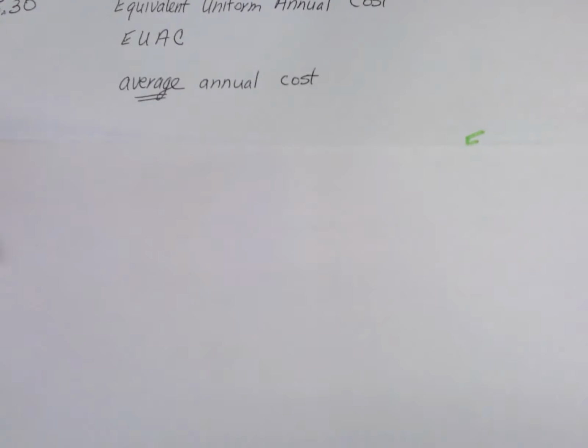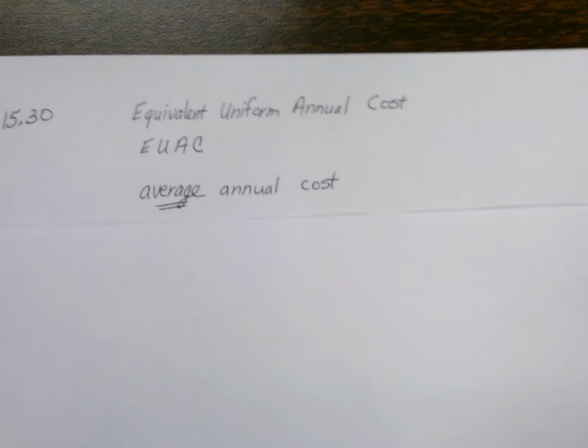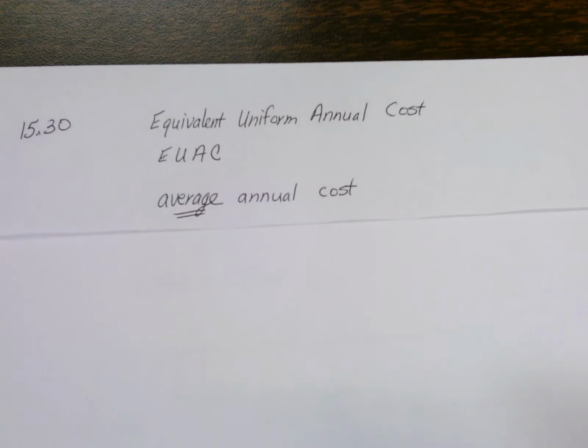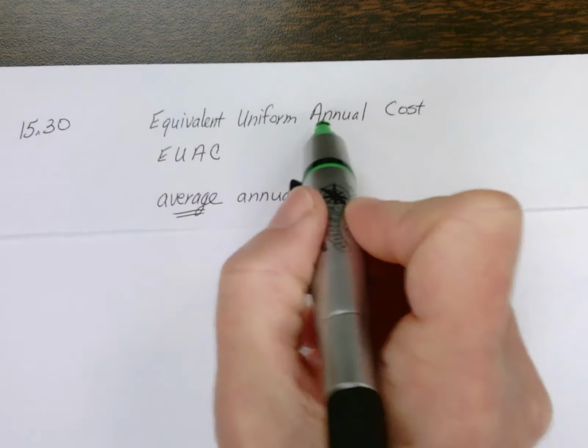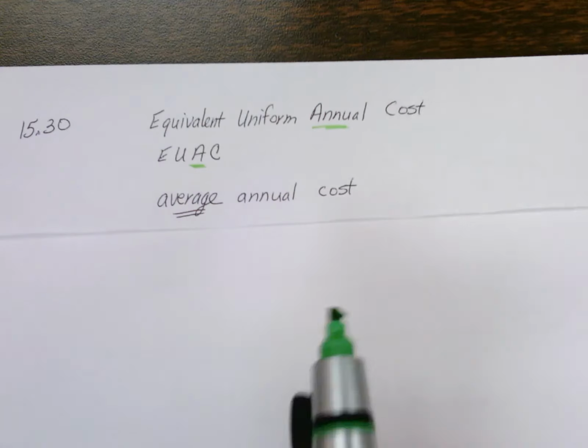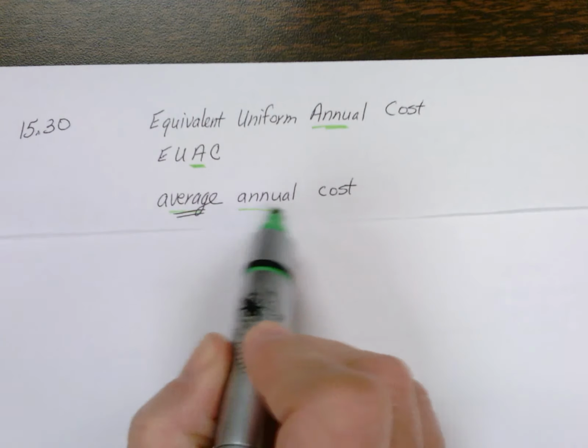Now, to solve a problem with equivalent uniform annual cost or equivalent uniform annual benefit, the word annual is the operative word, and that means the average annual cost.